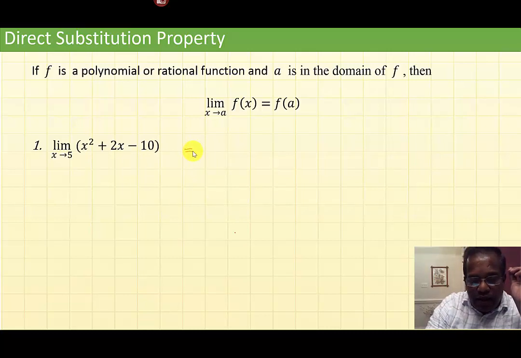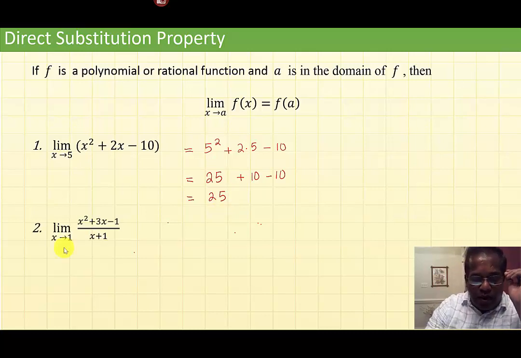When x goes to 5, we get 5 squared plus 2 times 5 minus 10. 5 squared is 25, plus 2 times 5 is 10, minus 10. So that will give you 25.